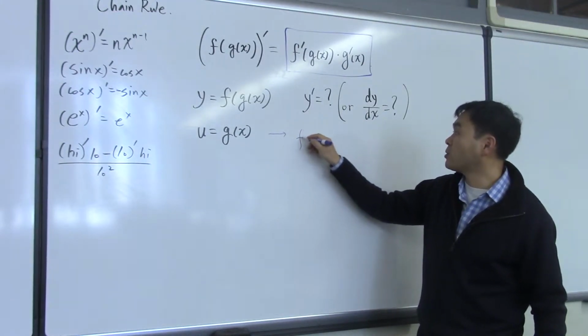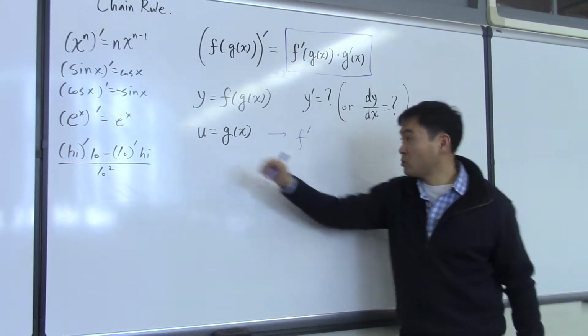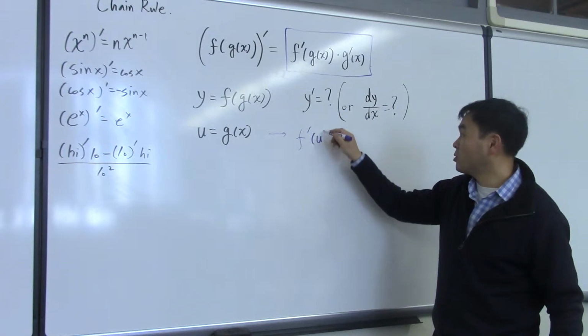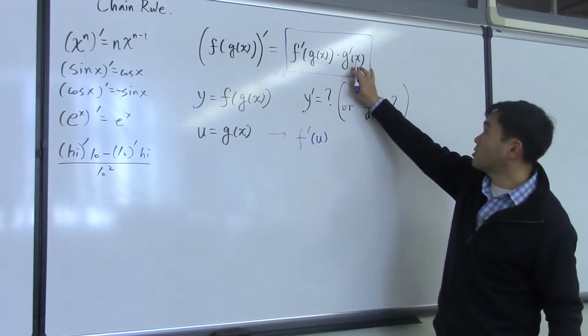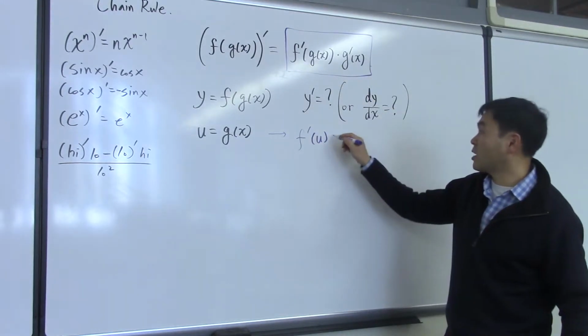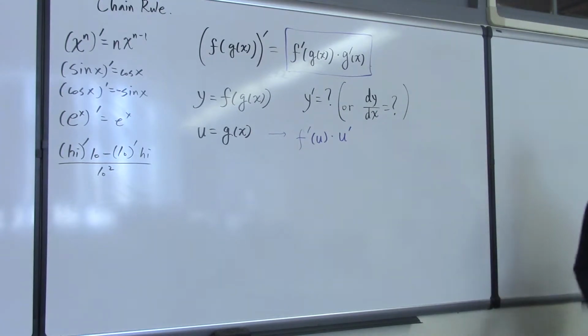You see f prime, instead of g of x, because g of x is the same as u, I can rewrite it as u. Okay. And because g is the same as u, I can think of this as u prime. You're differentiating u. That's how it looks. Okay.